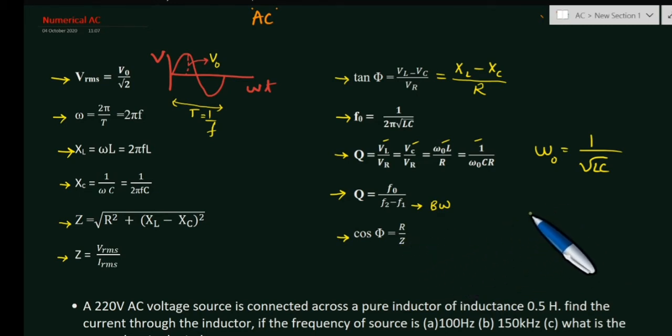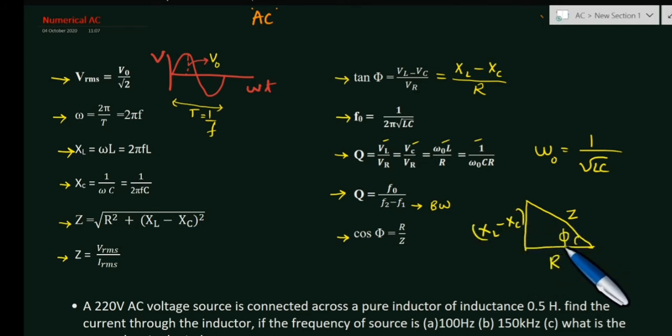To remember these formulae, you need to have a triangle, and this triangle is called the impedance triangle. Along the hypotenuse, you take Z, on the adjacent side you take R, and on the opposite side you take XL minus XC, and this angle is phi.